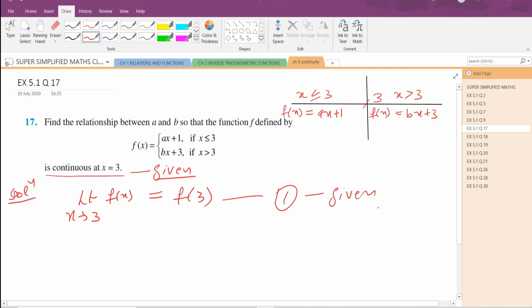You don't have to prove it. Now limit at the point x equal to 3 means the left hand limit, that is limit x tends to 3 from the negative side, and the right hand limit, that is limit x tends to 3 from the positive side, and the value of the function, they all have to be equal.